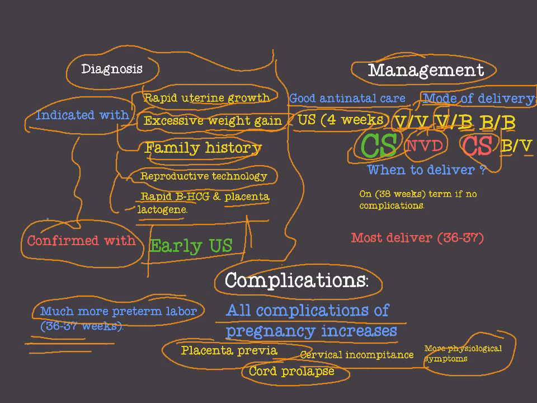And as you all know, if we have any other complications with twins or with multiple gestation, cesarean section is the mode of delivery. When to deliver? We wait until term, 38 weeks, in normal cases with no complications, but most cases will deliver between 36 and 37 weeks. This is all about multiple gestations.